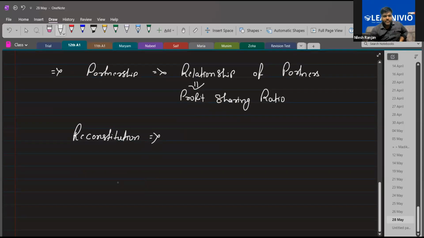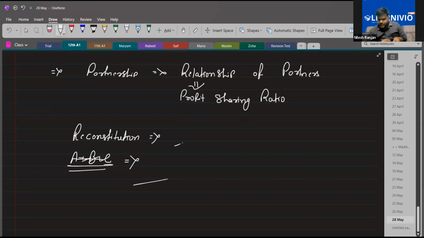So let's say there are three partners, A, B, and C, and their old profit sharing ratio is 5:3:2. And now they have decided to change it to equal ratio.